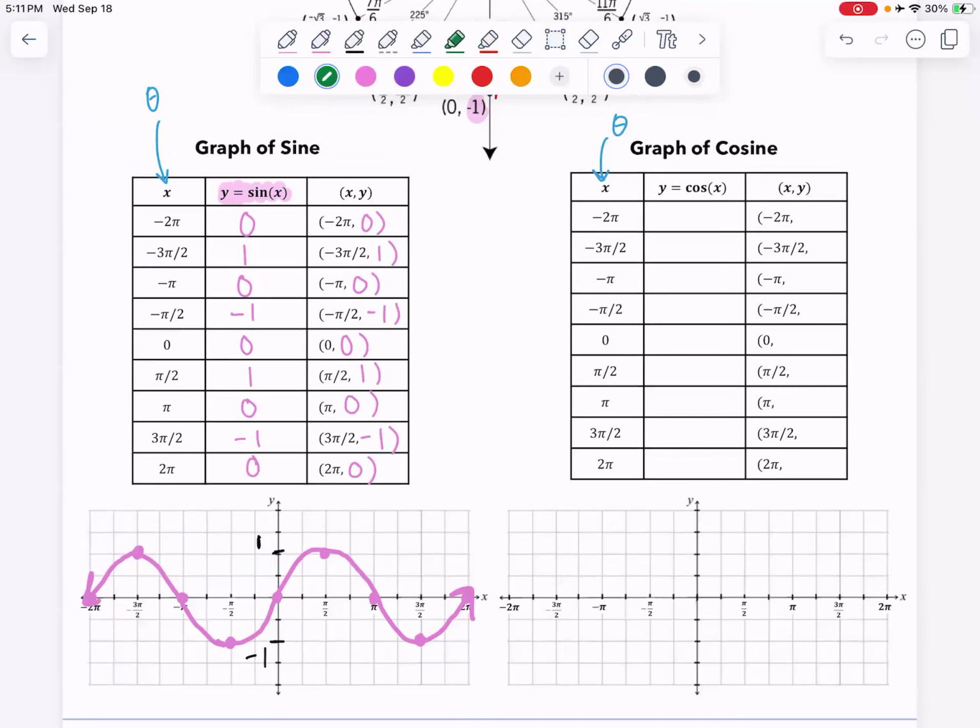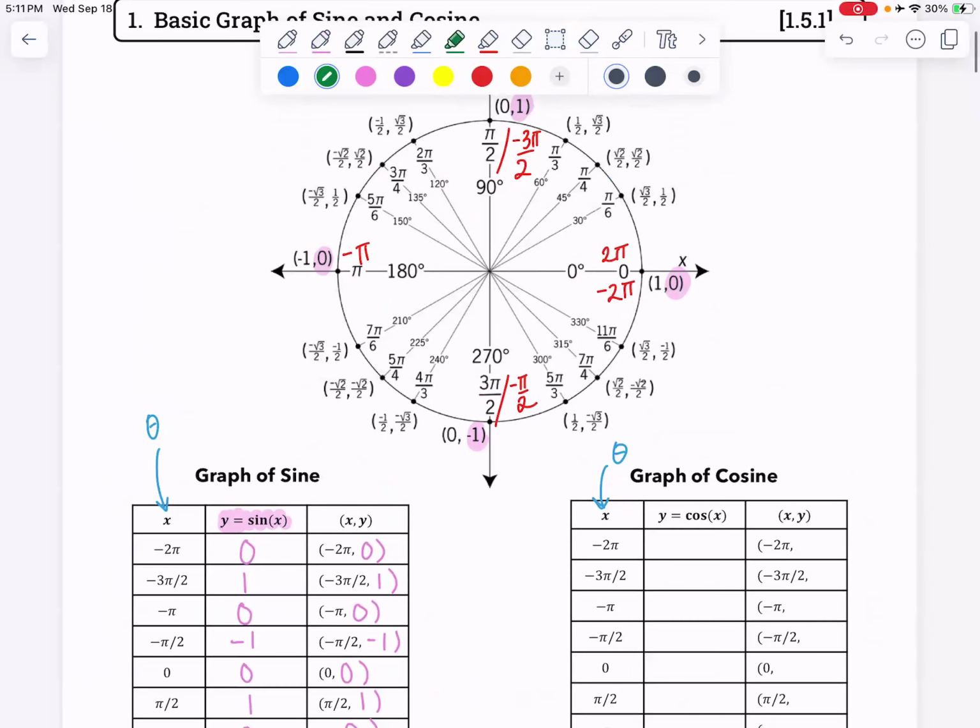Let's dig a little deeper. So now let's look at the cosine values. Those are the x values. Sine equals the y value on the unit circle, and cosine is equal to the x value on the unit circle.